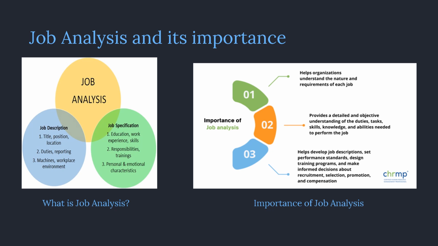So in terms of HRP, job analysis helps you analyze the job and find out the basic things that describe it: what needs to be done, the position, the title, the location, duties, reporting, machines, workplace environment, etc. Whereas job specification specifies what education, work experience, skill, responsibility, timing, and personal and emotional characteristics are required in the job.